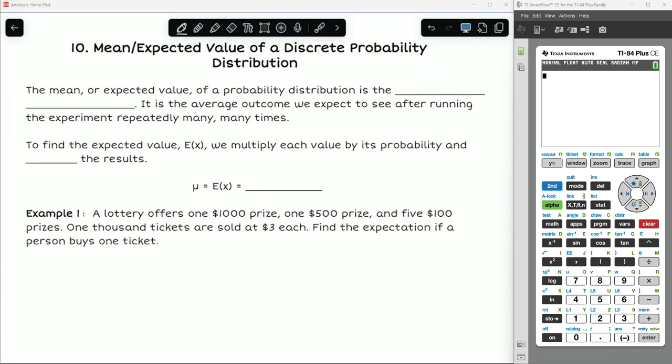In this video, we're going to talk about the concept of an expected value. For a probability distribution, the expected value, or the mean of the probability distribution, is the long-term average.